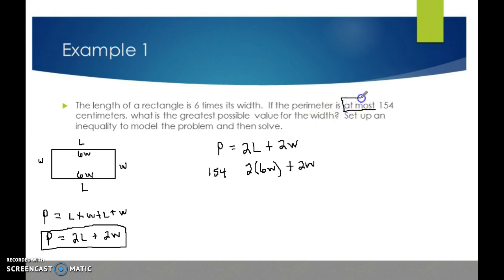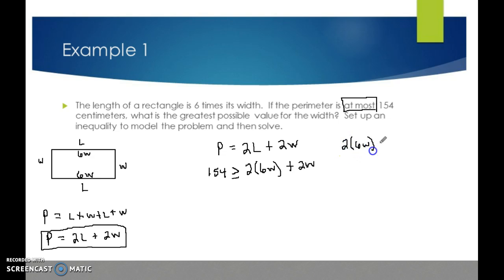But think about this. If something is at most 154, can my answer be larger than 154? No. Since it's at most 154, that's the largest that number can go. It can equal it, but the expression can't be greater than 154. So 154 is greater than the expression if you write it the other way, and this is where the less than comes in.